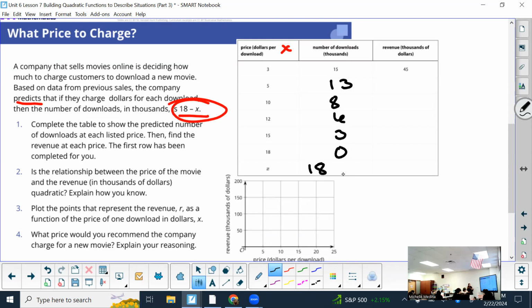Well, think about it, every single time we were doing this, we were doing 18 minus whatever x is. If my input is just x, then it's going to be 18 minus.